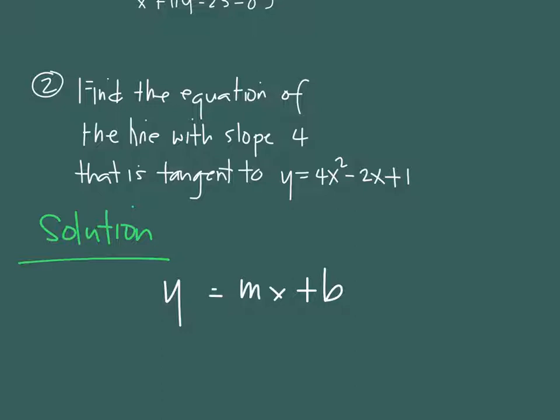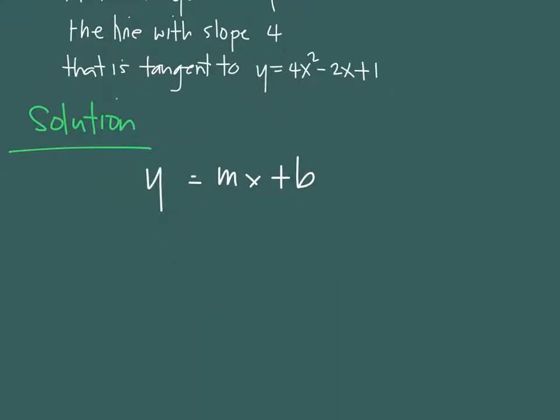So we start asking, do I know the m? Do I need to solve for it, or was it given in the problem? Find the equation of the line with slope 4, which is tangent to y equals 4x squared minus 2x plus 1. Given. You don't need to look for it. It's already given, 4x plus b.